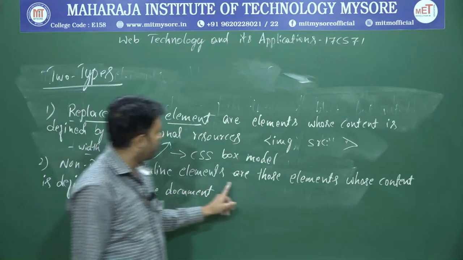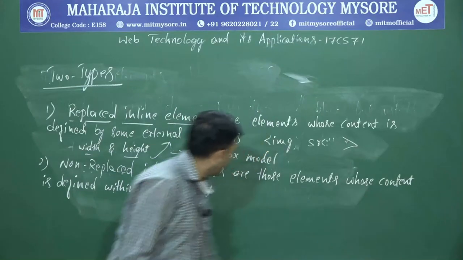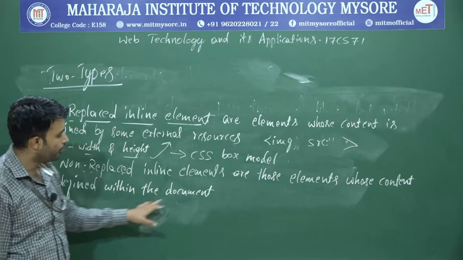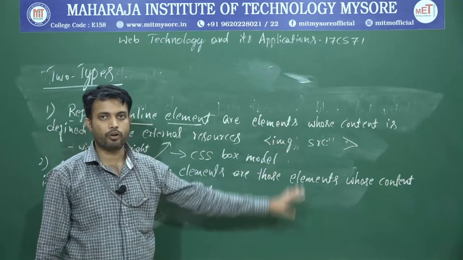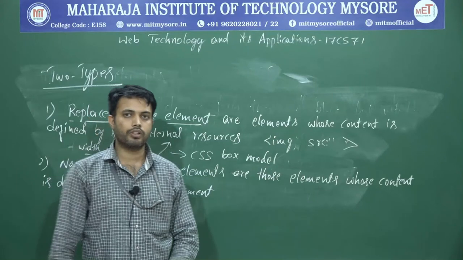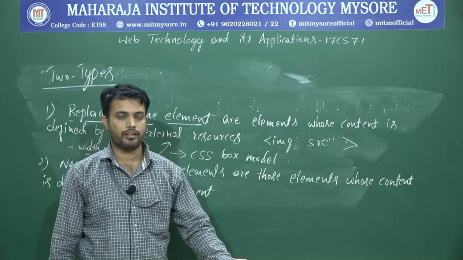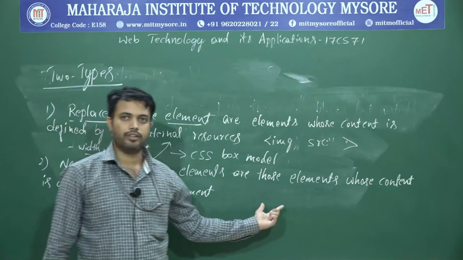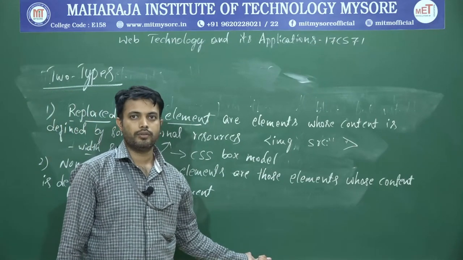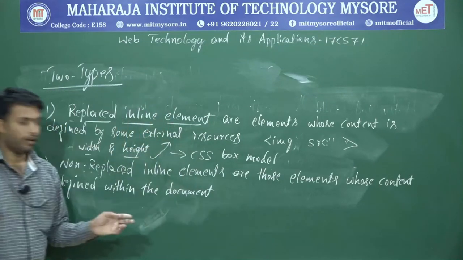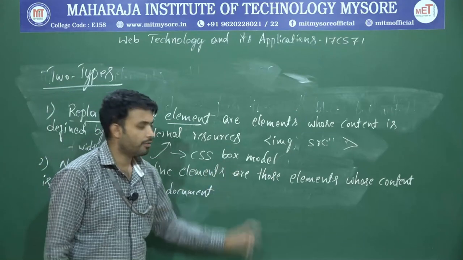Non-replaced inline elements are those elements whose content is defined within the document itself. That means the HTML document itself. Whatever content you write after that tag is displayed on your web page, and it will follow the constraint box model.